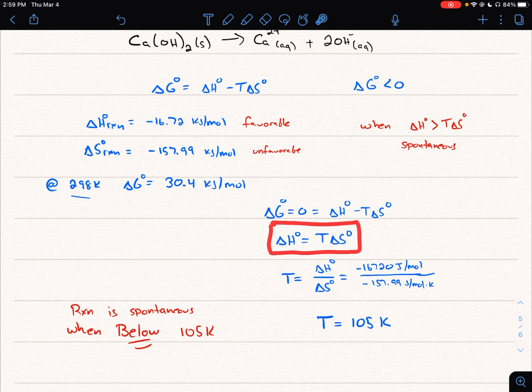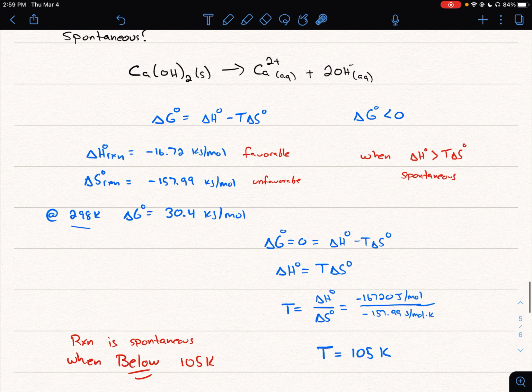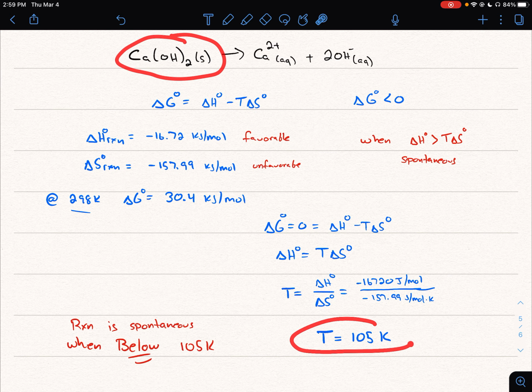We said this reaction will be spontaneous when the delta H is greater than the T delta S. That'll make our delta G negative, because delta H is a negative number. So as long as the temperature is below this 105 Kelvin, our reaction will in fact be spontaneous. So the only time the dissolving of calcium hydroxide is going to happen is at very, very cold temperatures.